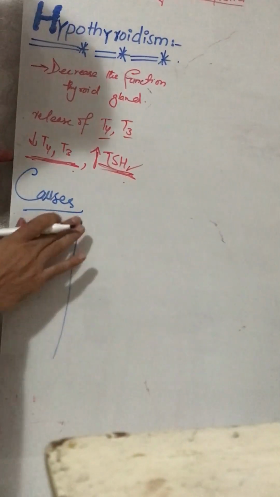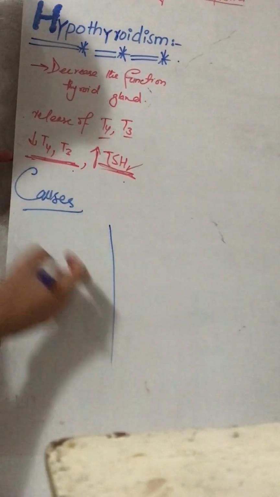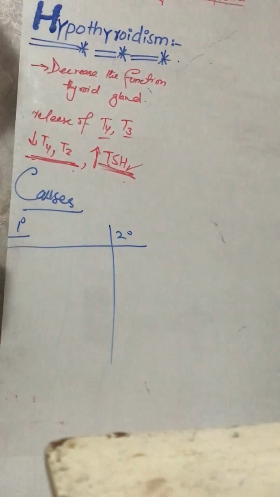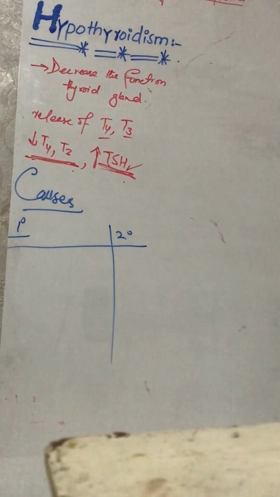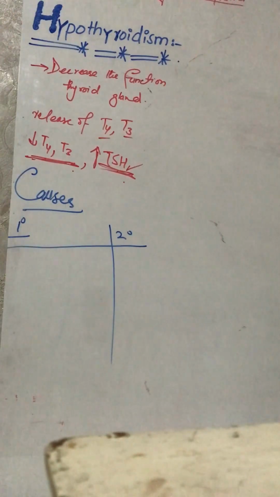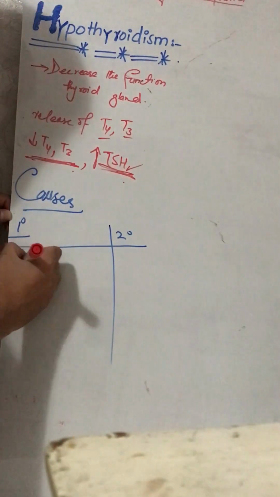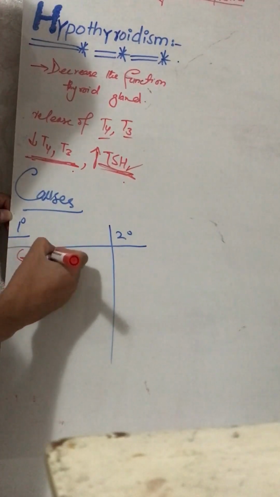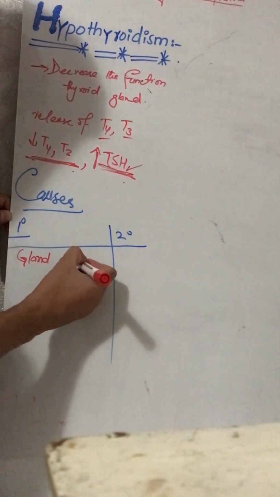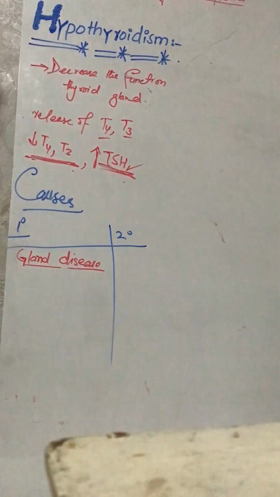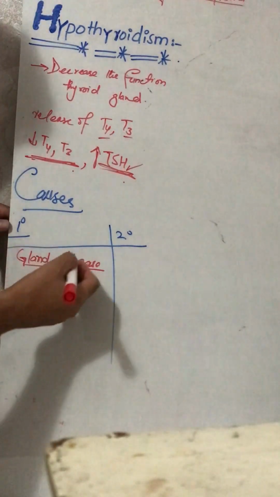So we will divide this into primary and secondary. There are some causes, primary hypothyroidism and secondary hypothyroidism. In primary hypothyroidism, there will be gland disease. It means that there will be a defect in the gland.